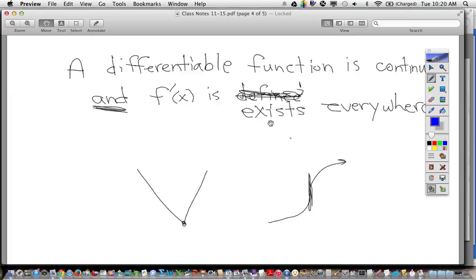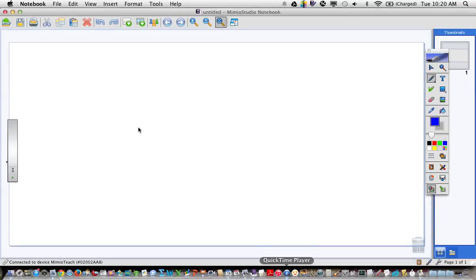Okay, so those are some problems we can talk about. Let's do some examples of those kinds of things. Let's just start right off with this problem right here. Let's say I gave you this problem: f of x equals 2x squared minus x plus 1.